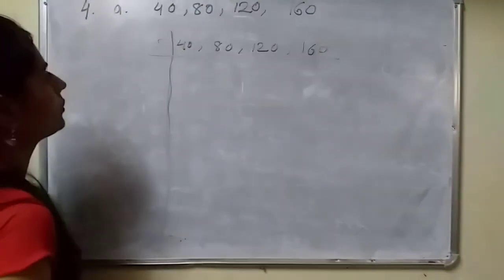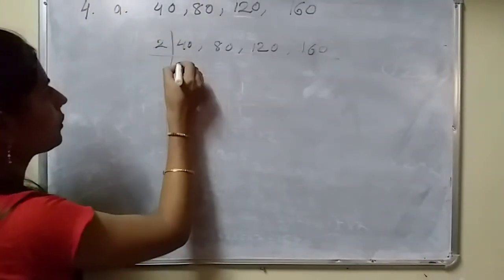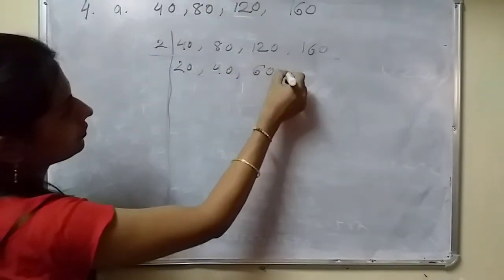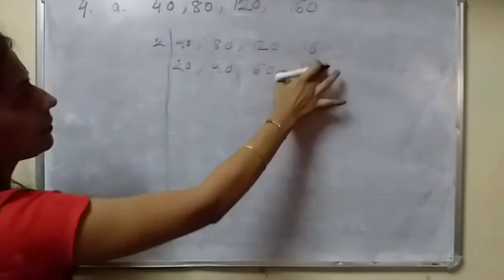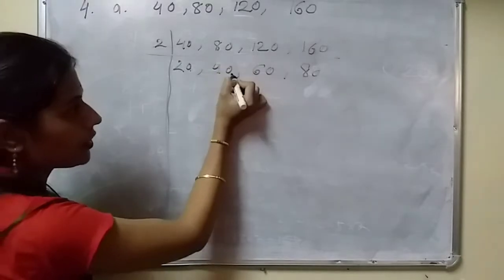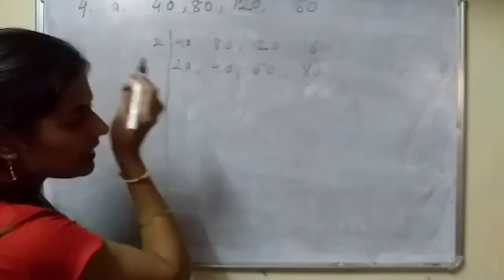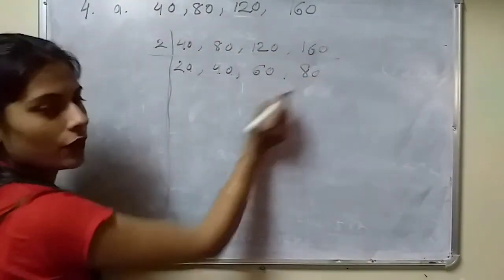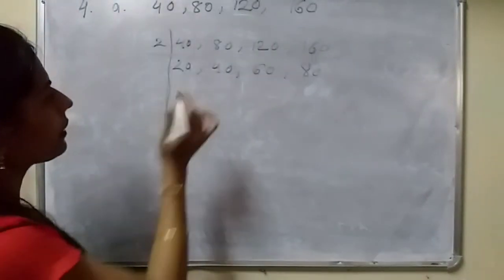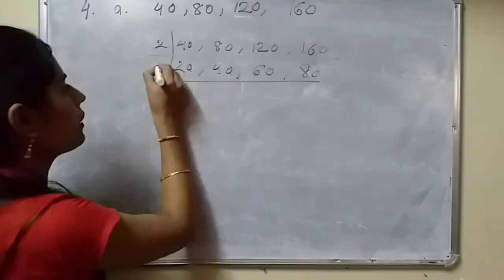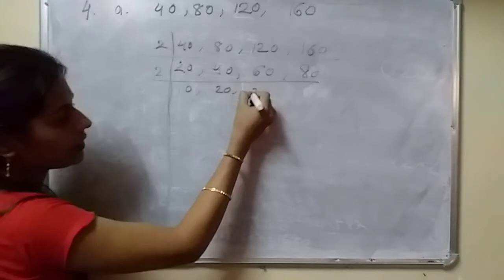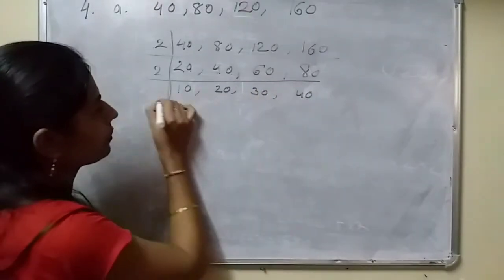By 2. See 2 twos are 4, 0 as it is it will come, 2 fours are 8, 0 as it is, 2 sixes are 12, 0 as it is, 2 eights are 16, 0 as it is. See don't forget to put these commas, otherwise you will get confused here. Now again by 2, 2 ones are 2, 0, 2 twos are 4, 0, 2 threes are 6, 0, 2 fours are 8, 0.